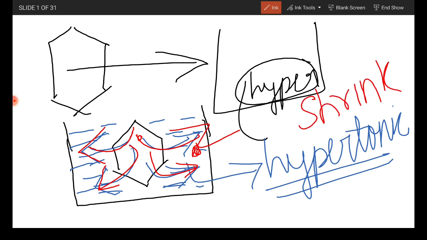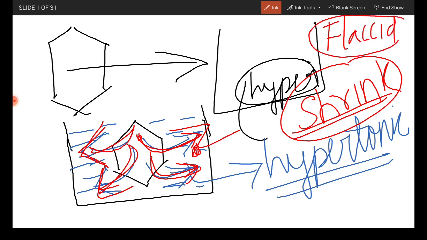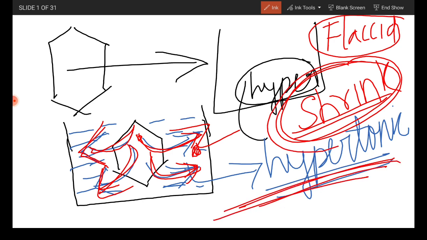The cell will shrink. Size of the cell decreases and it shrinks when placed in the hypertonic solution. The cell will become flaccid. Two new terminologies: one is flaccid, the other is shrinkage, with regard to hypertonic solution.